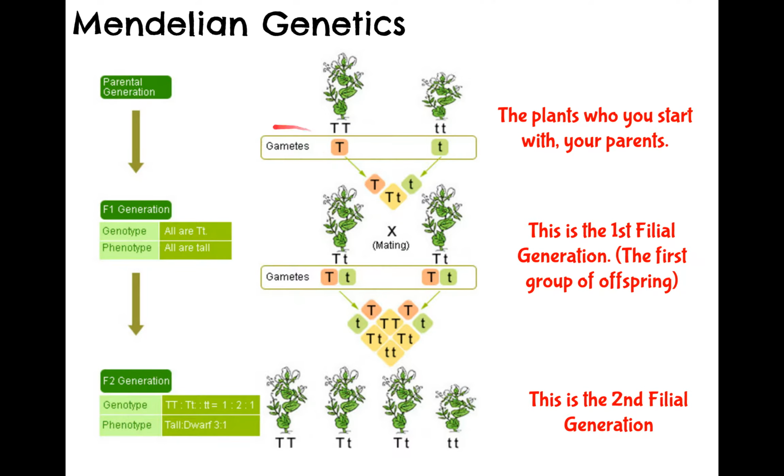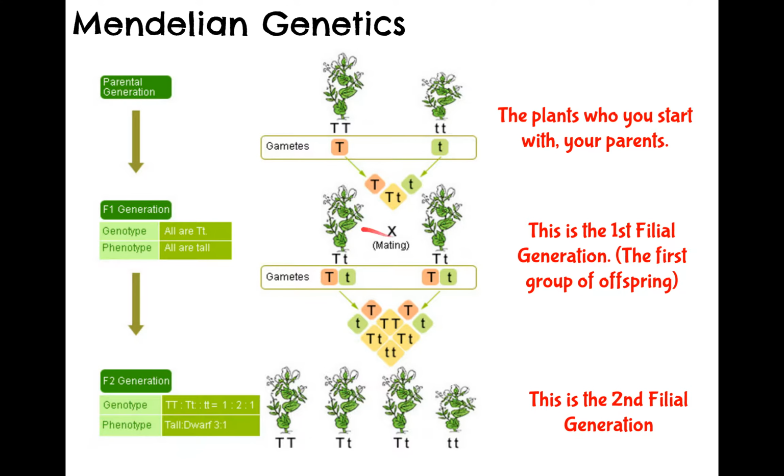We refer to these as gametes. Going back to meiosis, gametes are what was produced as the sperm or egg, depending upon the species. We take the gamete from both parents and figure out what their gamete would be. In this case, their gamete would be capital T, lowercase t.